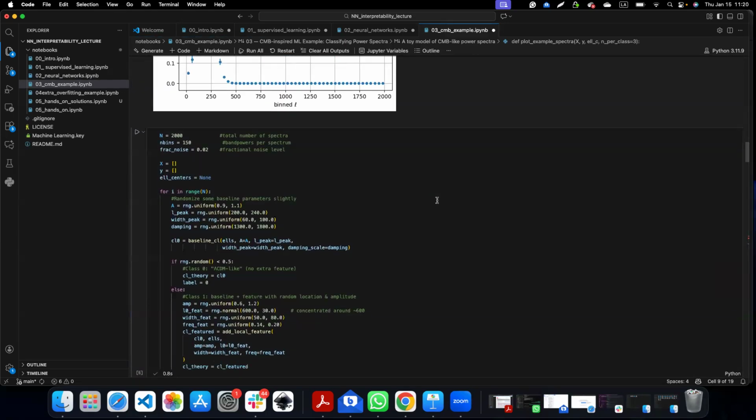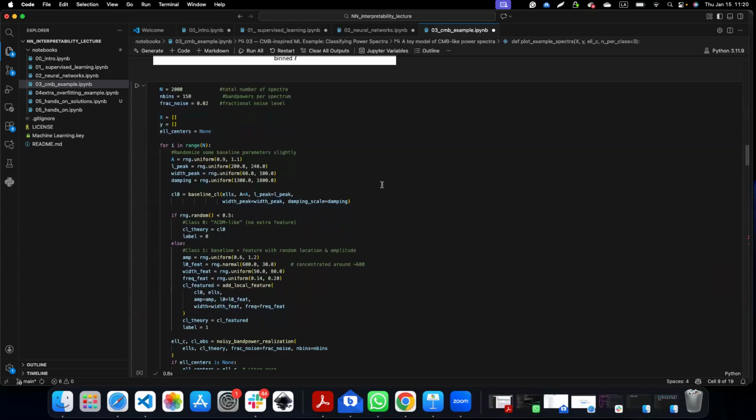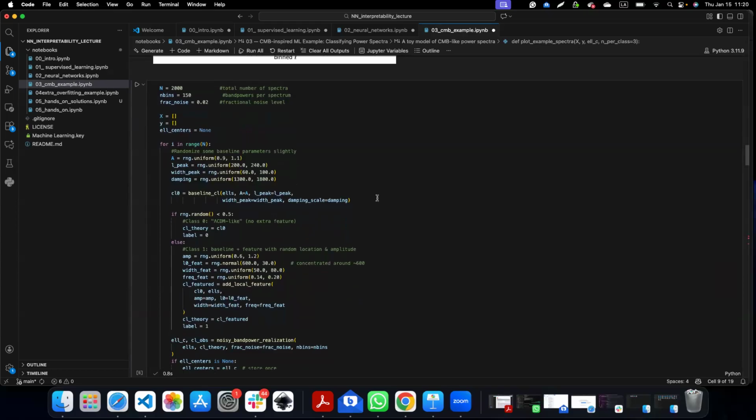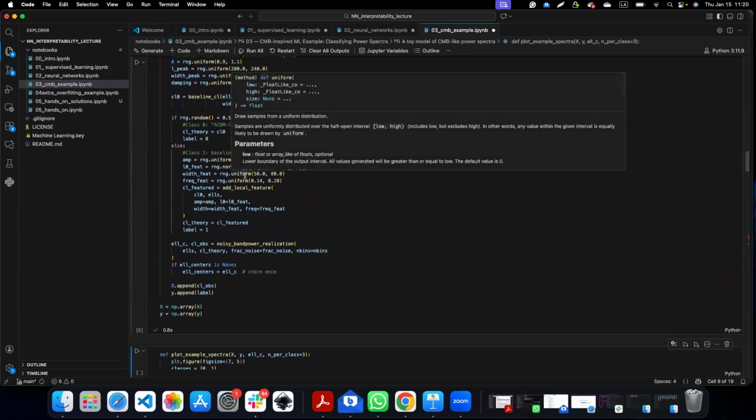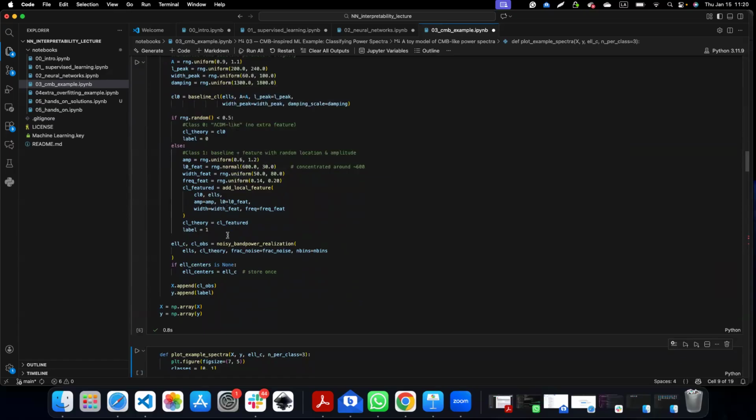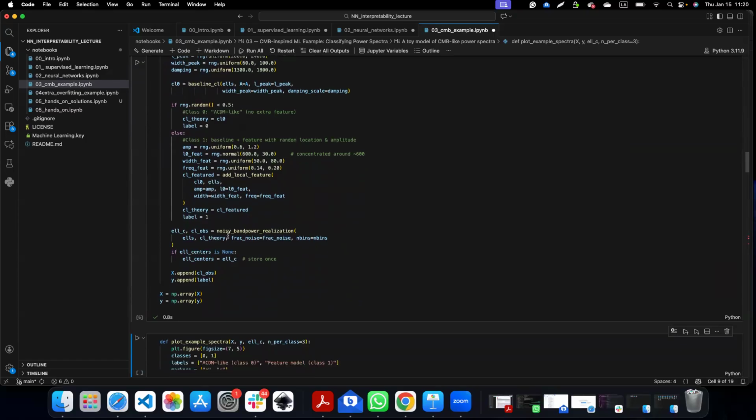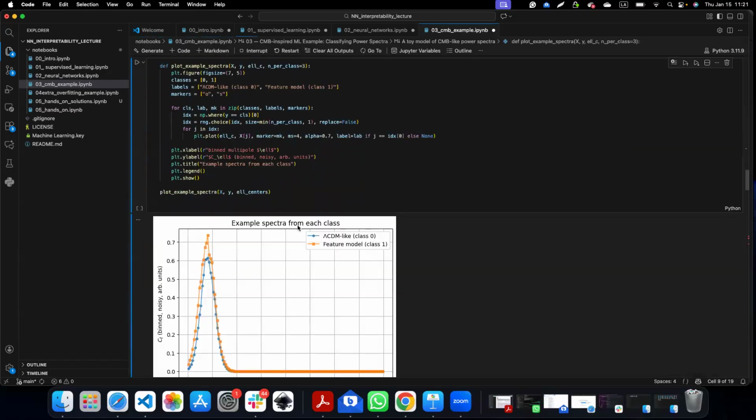If you see the next cell, again, this is just to perform more realizations, and you can see, wait, what happened? Okay, here you can see class 0, lambda CDM, class 1, this feature. We run it.